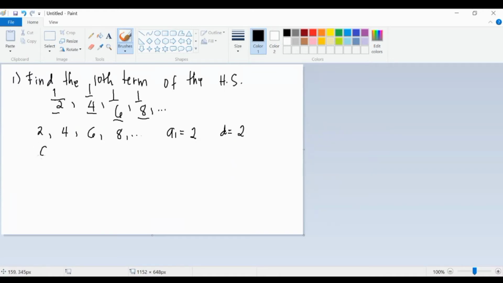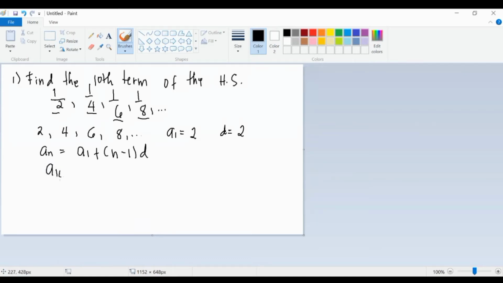So here, we're going to use the general term formula for the arithmetic sequence, which is a sub n equals a sub 1 plus the quantity n minus 1 times d. Okay, now we can substitute. Since we're going to find the 10th term, n is 10.